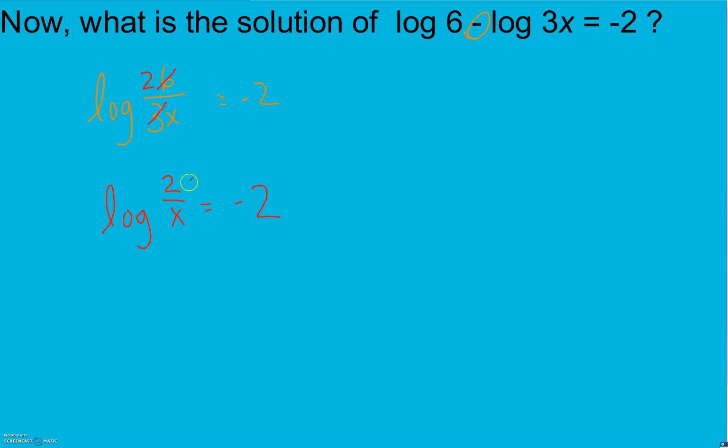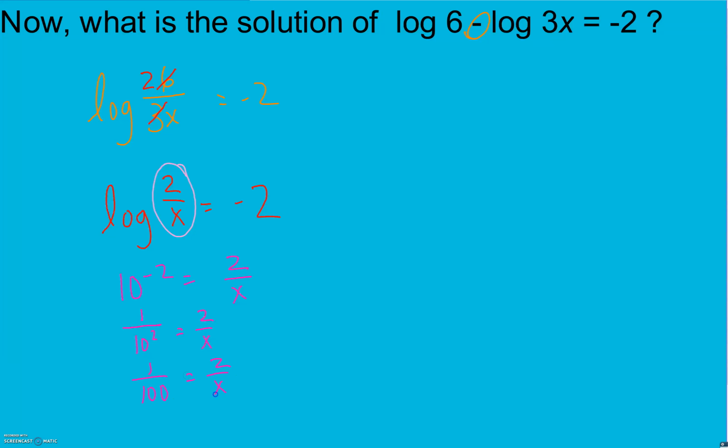Again, we have a variable in our logarithm, and the only way we can solve that is by switching to exponential form. So 10 to the negative second power equals 2 over x. 10 to the negative second power is 1 over 10 squared, which is 1 over 100.